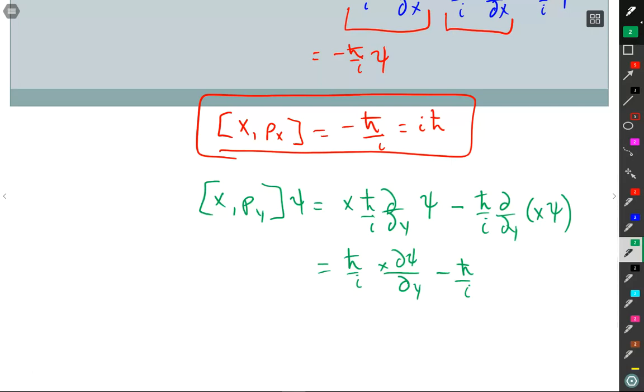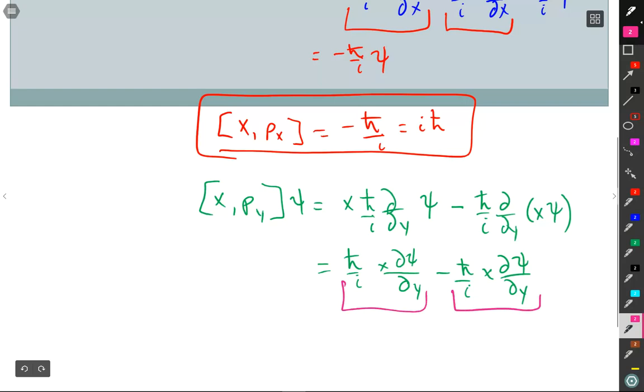When I do a partial derivative with respect to y, what is x? It's just a constant. x is just a constant when I'm doing a partial with respect to y. That's the key about partial derivatives. And so the x just comes through as a constant, and these two terms are identical to each other. I didn't have to use any product rule here because x was a constant, and that's equal to 0. So x, p sub y commutes because the commutator is 0.